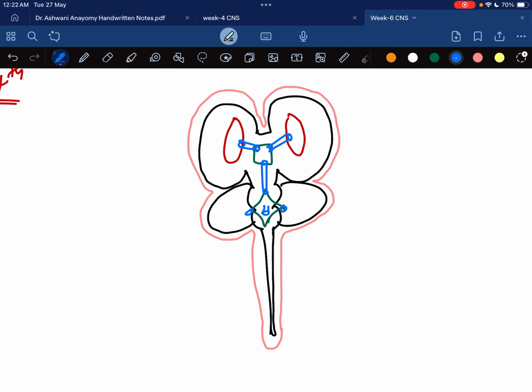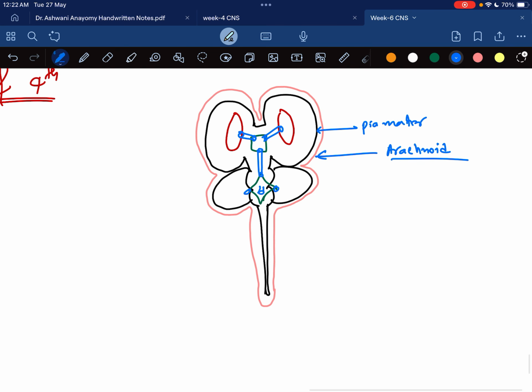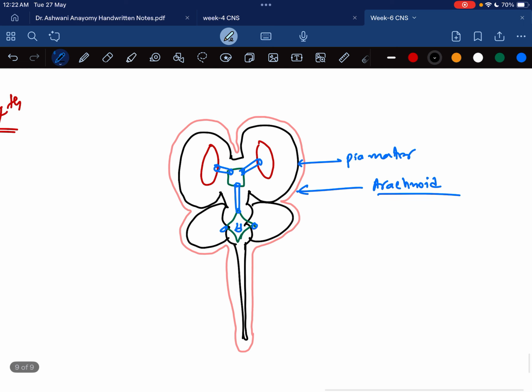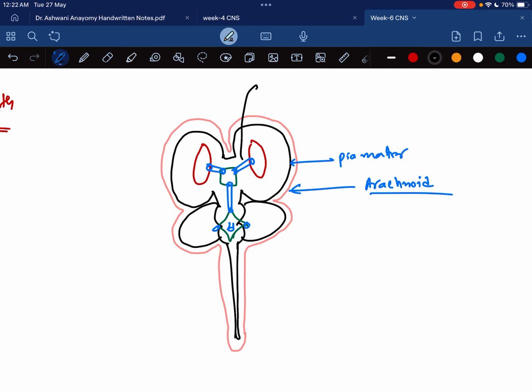Just imagine this black line is attached to the pia mater, and this is the arachnoid, as we have already discussed. This is the foramen of Monro.